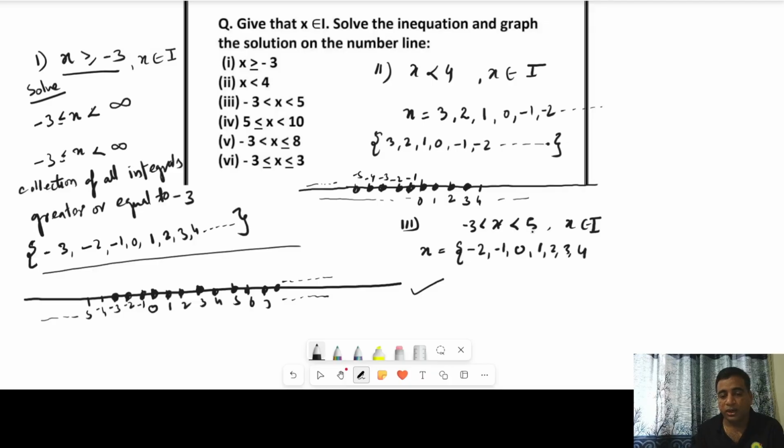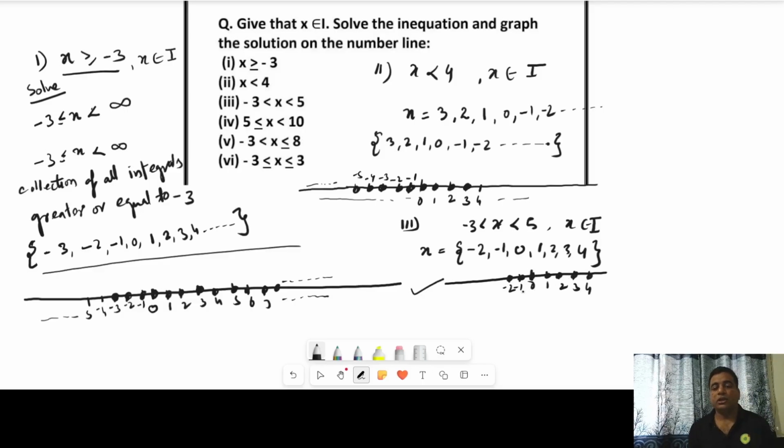But you cannot take 5 because the integer is less than 5, so up to 4. It's your solution set. On the number line, this is 0, minus 1, minus 2, 1, 2, 3, 4. Make the dark dots at these points. So it's your graph.